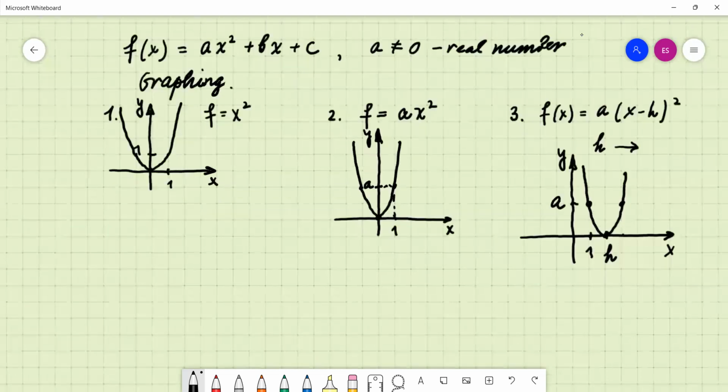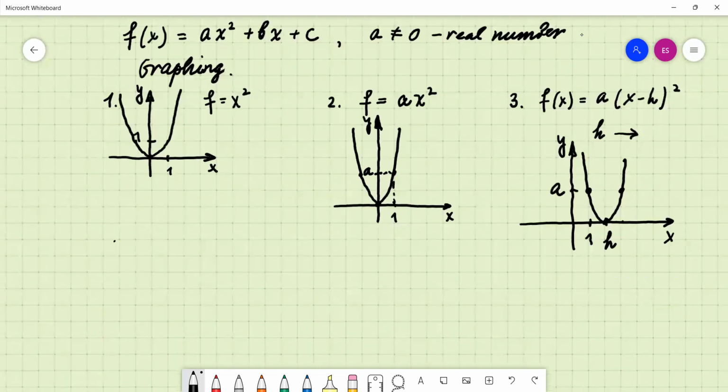Next transformation we are going to apply to our parabola. Number 4 is going to be f of x equals a times (x minus h) squared plus k. When we take the whole function, which we had before, and add something to the whole function, we are going to shift it in the vertical direction.